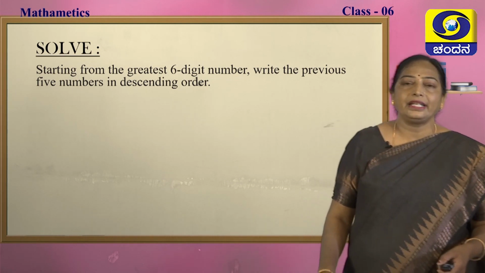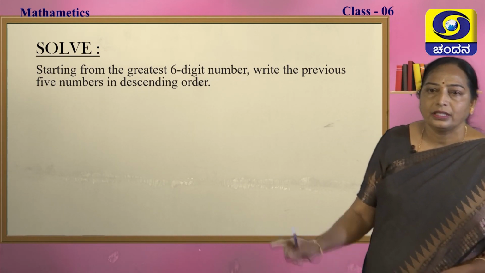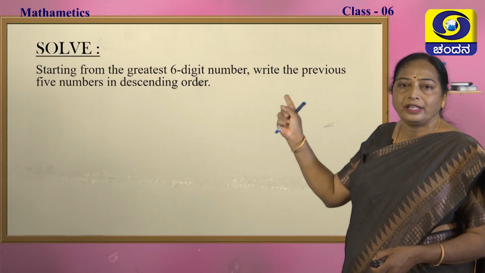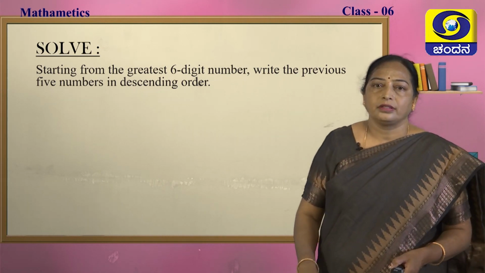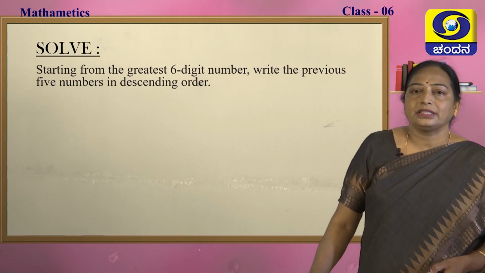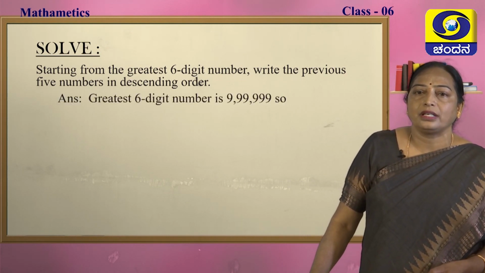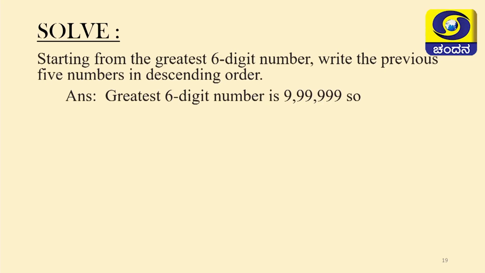Starting from the greatest 6-digit number, write the previous 5 numbers in descending order. Which is the greatest 6-digit number? Yes, it is 9,99,999.